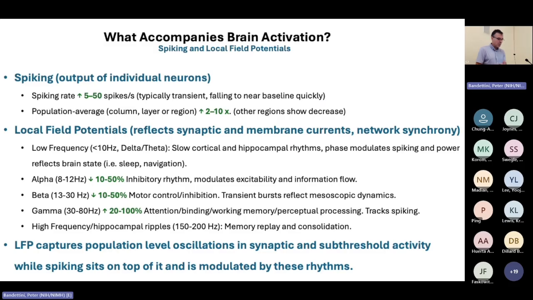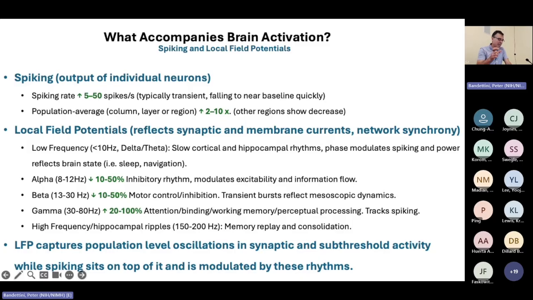There's spiking and local field potentials. The spike rate is about 5 to 50 spikes a second during rest, and that increases in the area that's active.